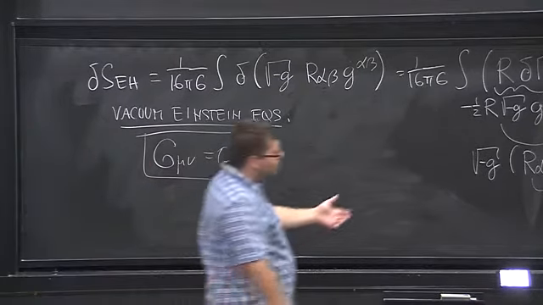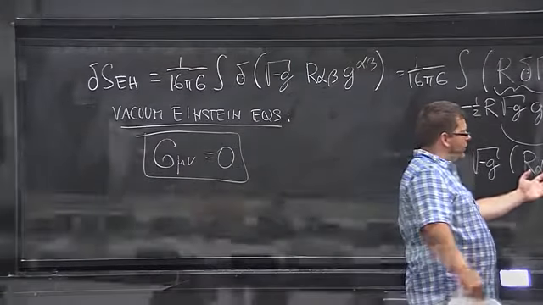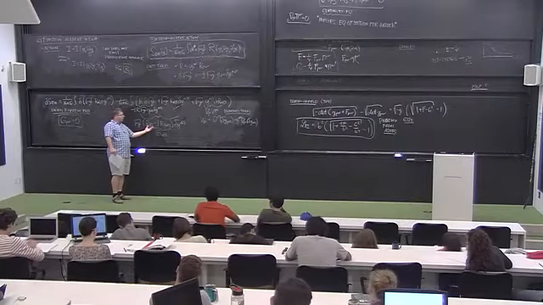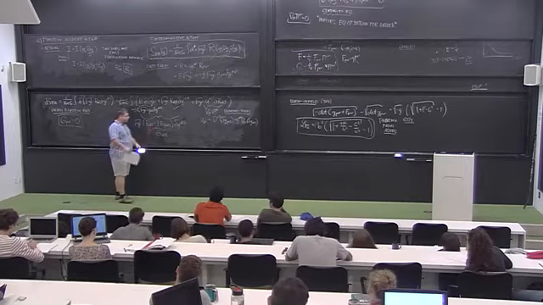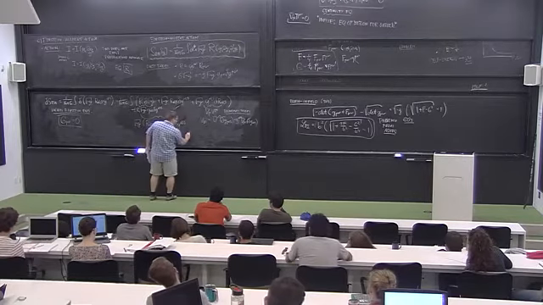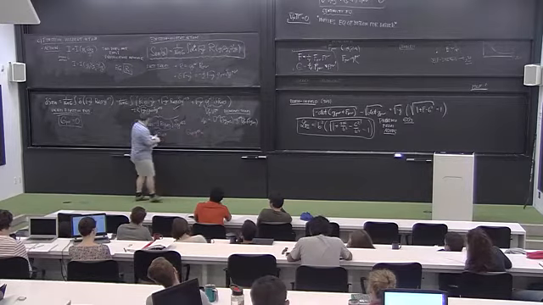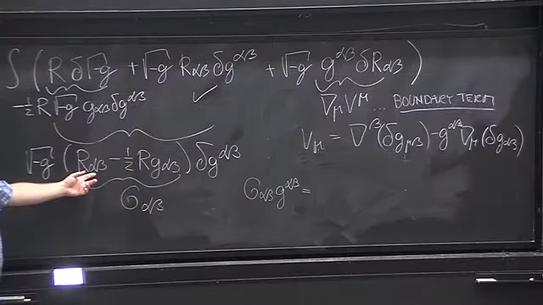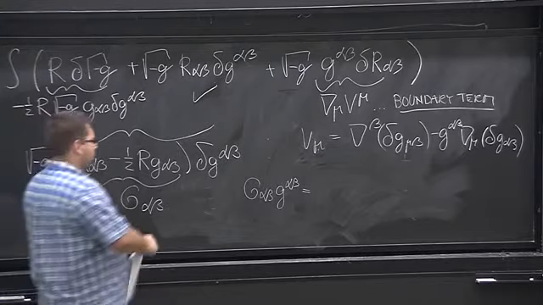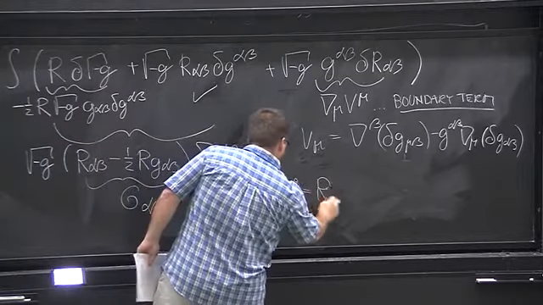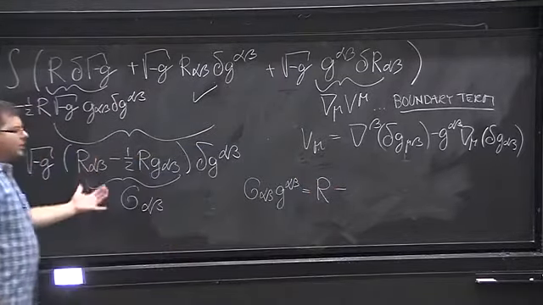So by the way, I can contract these things by g alpha beta. So if you write g alpha beta, what do you get here? R. And then let's say I'm in d dimensions now.